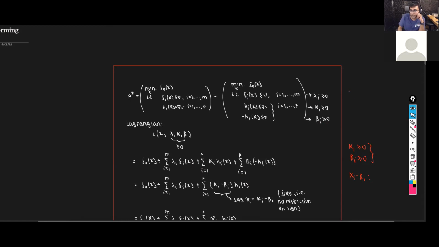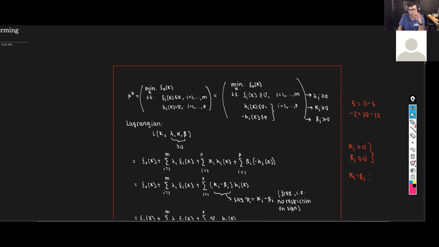Why? If you look carefully, no matter what number you pick, positive or negative, it can always be written as a subtraction of two positive numbers. Suppose 5: I can always write it as 11 minus 6, right? Let's say minus 2: again, I can write it as a subtraction of two positive numbers, right?